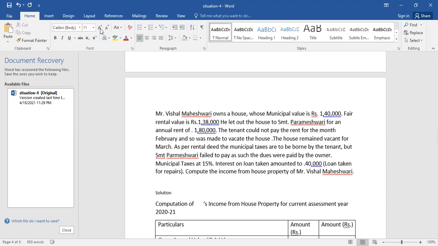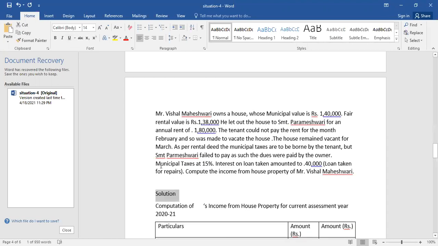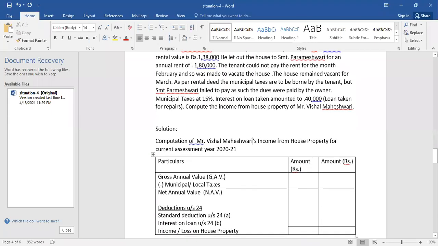As you know, the standard format that we have to put, I have done it. So the solution is computation of whose income, Mr. Vishal Maheshwari's income from house property for the current assessment year.